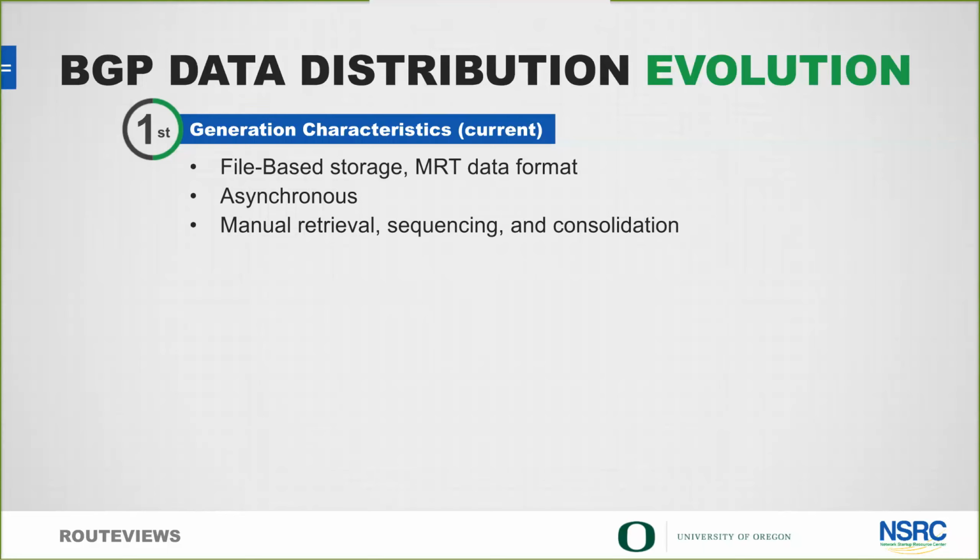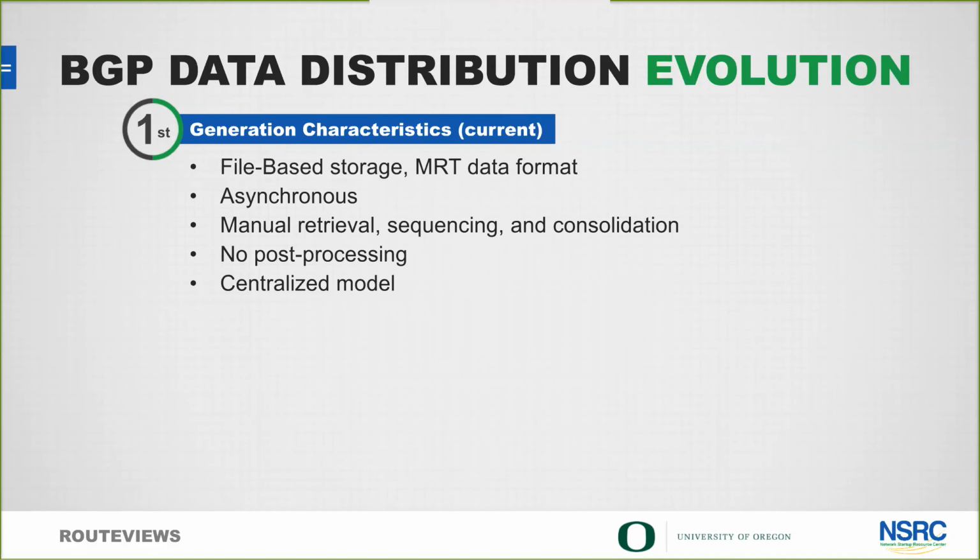So if you want to compare RIBs from two different collectors, you have to go pull that data down. You have to parse it and essentially merge that data together and sequence it in a way that makes sense to you. There's no post-processing, so it's just the raw file. We haven't done anything about removing null routes or any of that information. It's all raw data there.